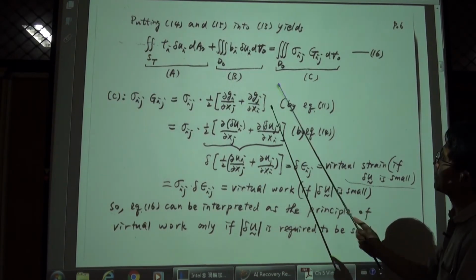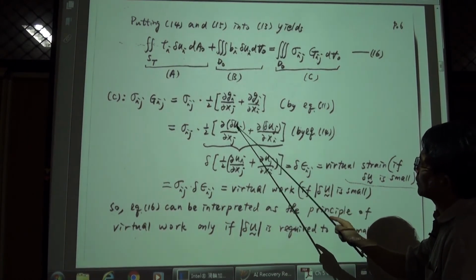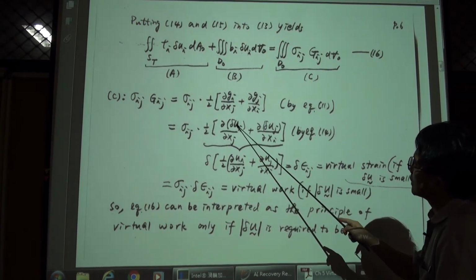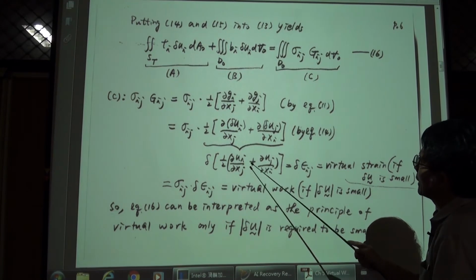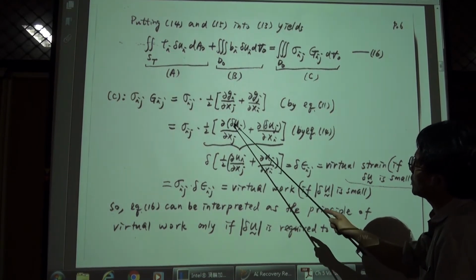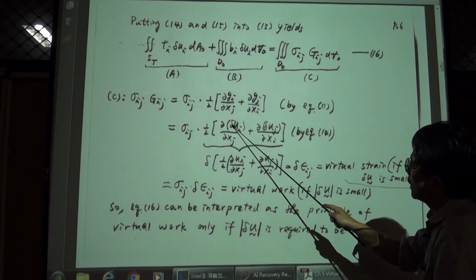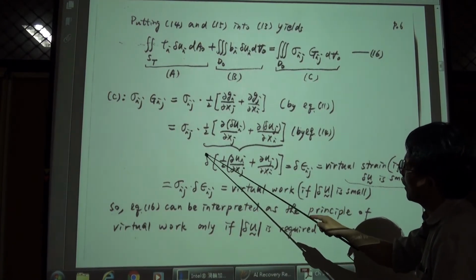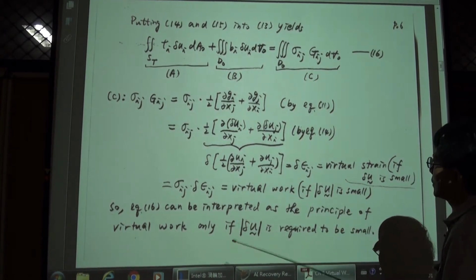Okay, we have this, and now we replace gi by delta ui, and this is the virtual displacement. Then we interchange this variational operation with the partial differentiation. We put it out here, and this is the partial differentiation.